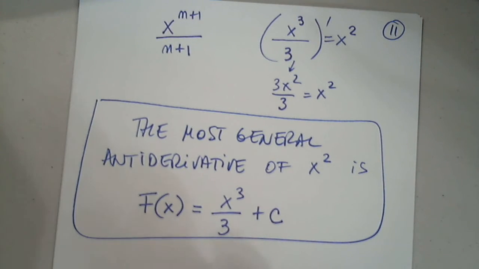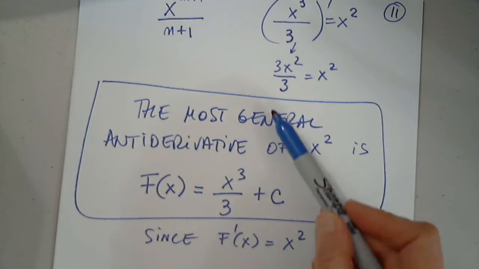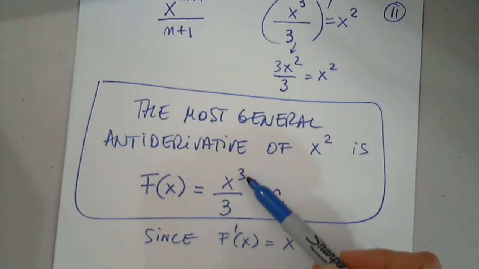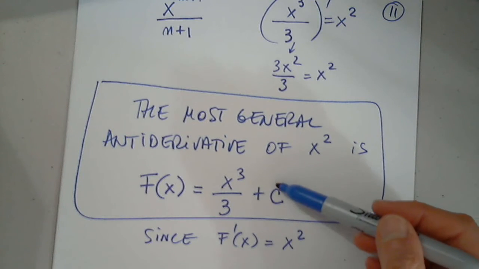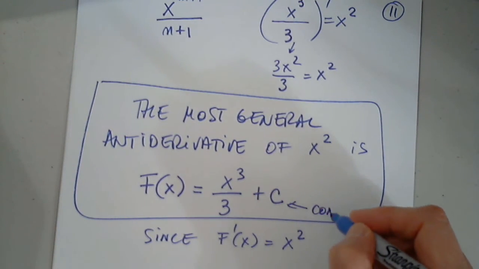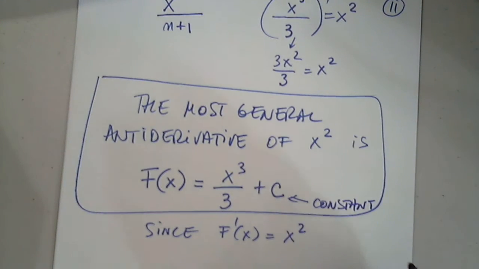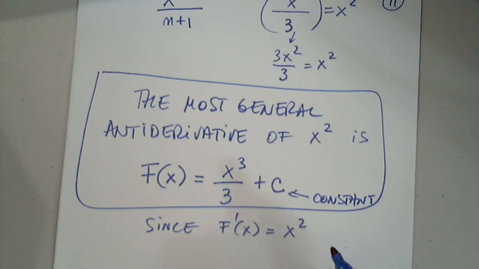How come? Since F prime of x equals x squared. How do I know? Bring 3 down, simplify, subtract 1 from the power, get x squared. And when I differentiate c, c being a constant, of course, any constant, any real number, what do I get? 0. That's it.